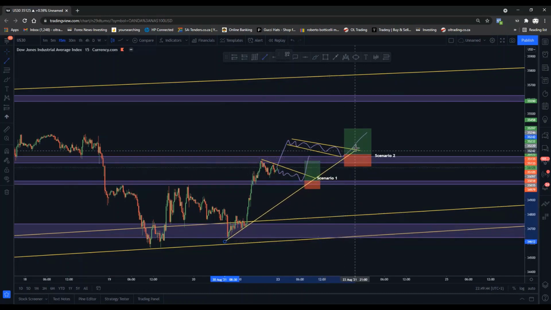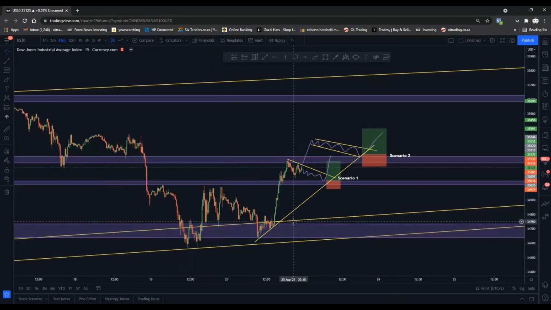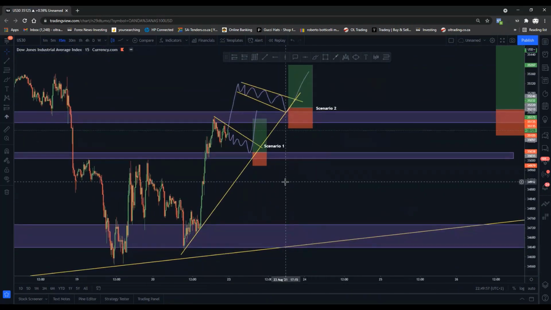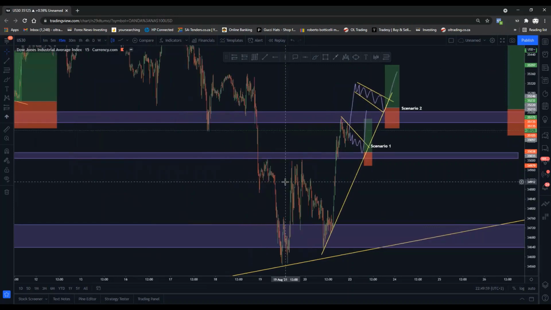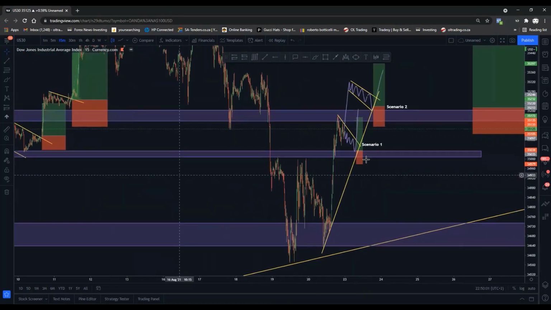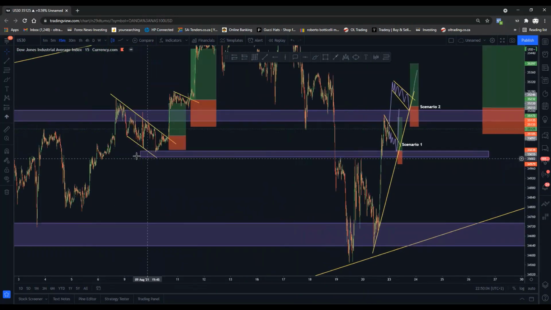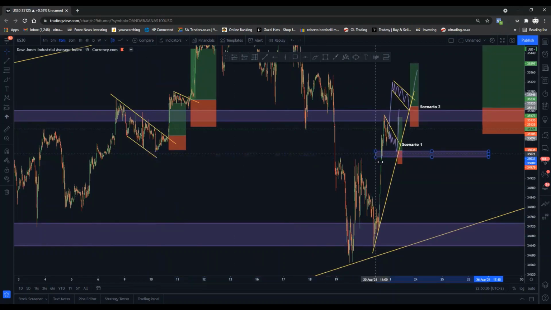So this will be our management line. Also, we just have to see where the market goes. Do this. This will be our management line. Because this has already happened, I like to keep my analysis thin.